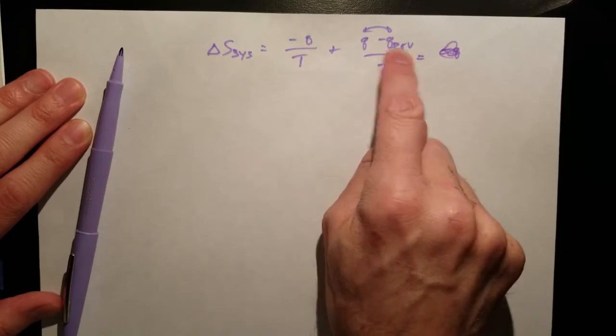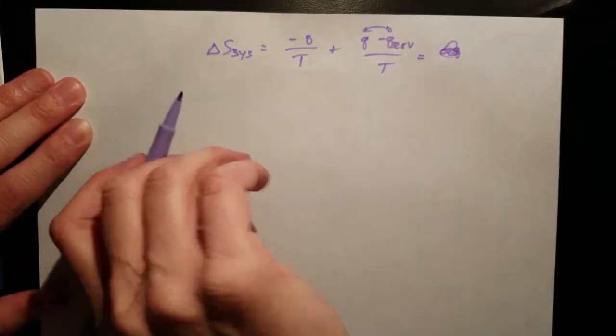So instead of being reversible minus Q, we have now Q minus Q reversible.